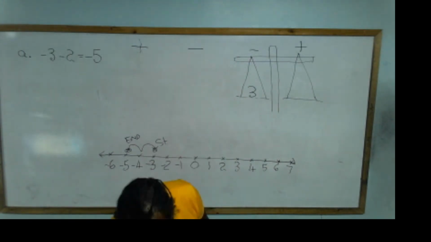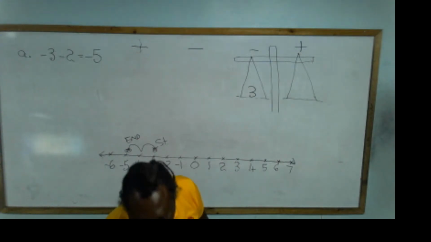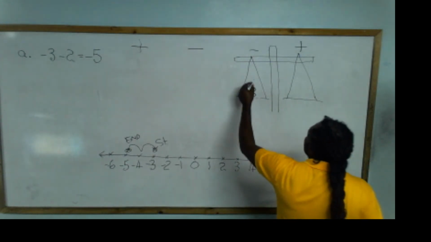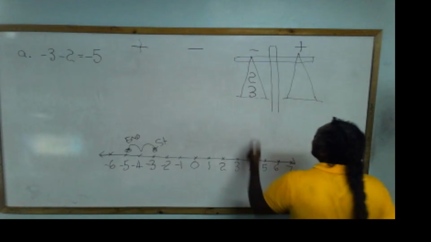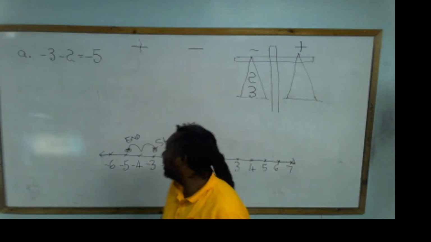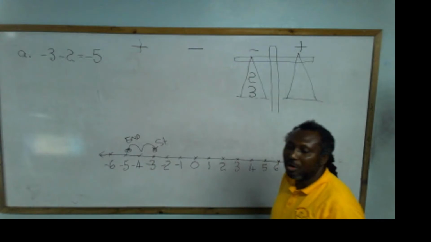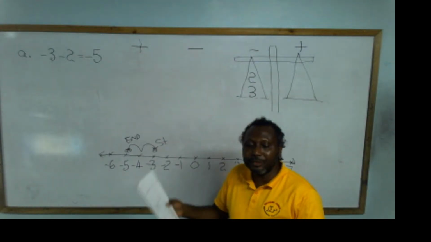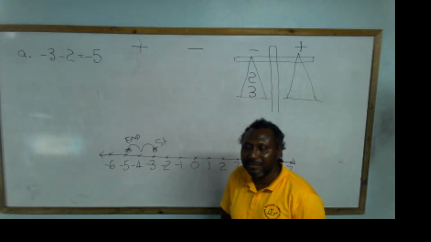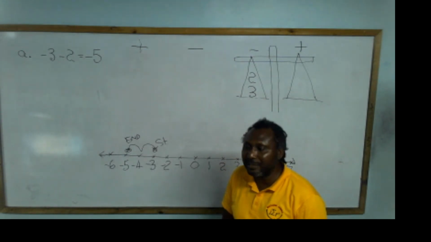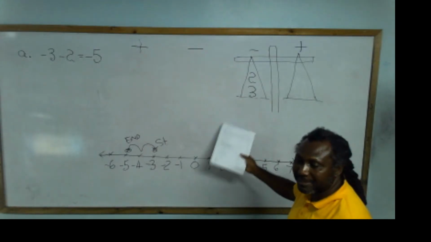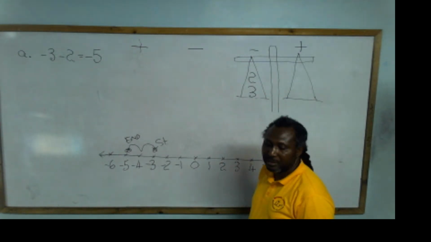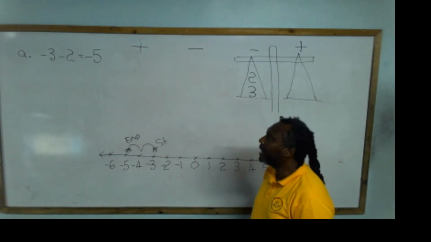You place 2 on the negative side also, of course. Now do you see what is happening there? The weights of the 2 and the 3 will accumulate on the negative side, so they have to be added because they are all on the same side. They are both contributing to the negativity of the value.